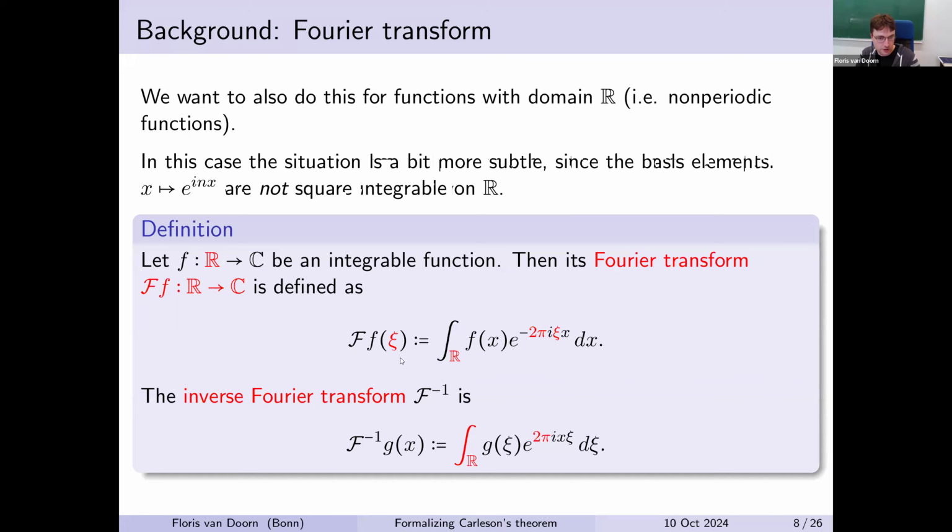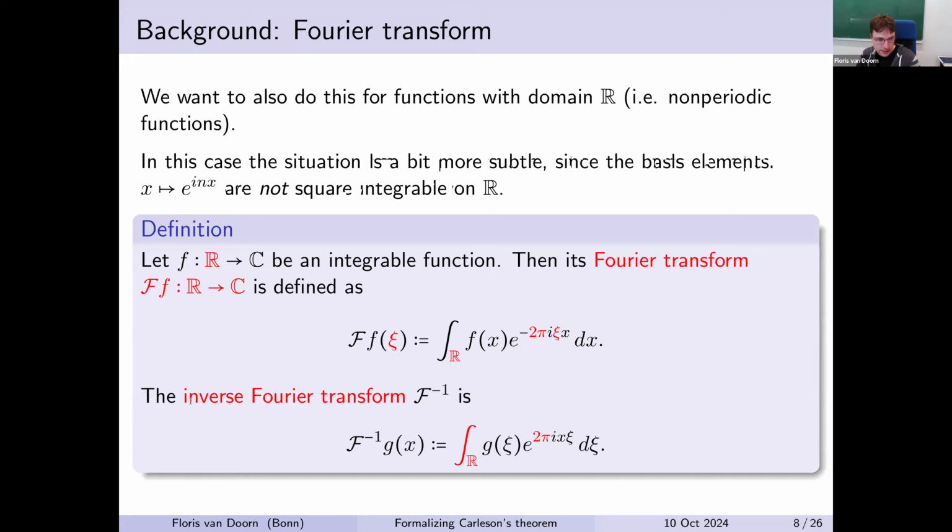On a value xi, it has this exponent i times xi times x, and I'm adding a 2 pi just for convenience. And now we're integrating over all of R. The formula is essentially the same, except that in the exponent, before we only had integers, now we have an arbitrary real number.